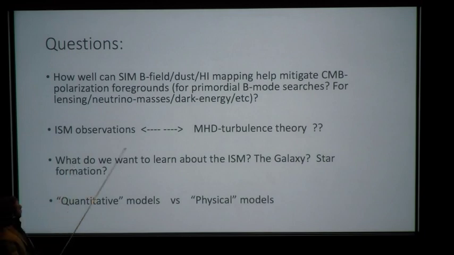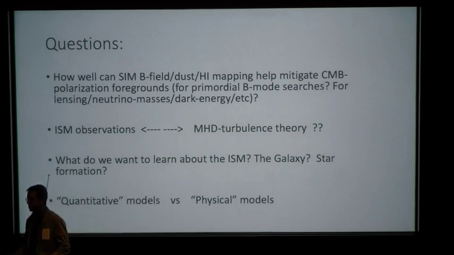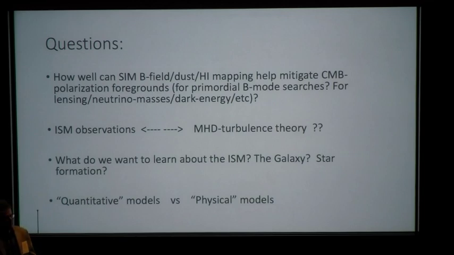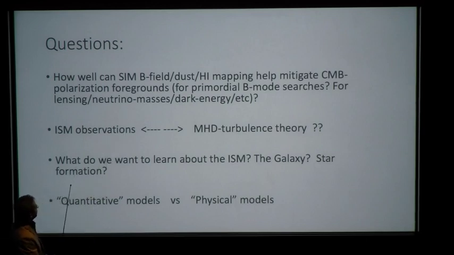My primary interest was primordial B mode searches, but it's also important to know that CMB-S4 and Simons Observatory are going to be measuring polarization also on very small scales in an effort to learn about dark energy, neutrino masses, gravitational lensing, etc. And so it will be important to understand how these types of ISM magnetic field maps can help with the foreground subtraction for those smaller angular scale measurements that are required to do those things as well.